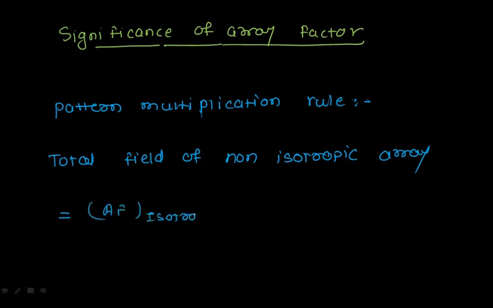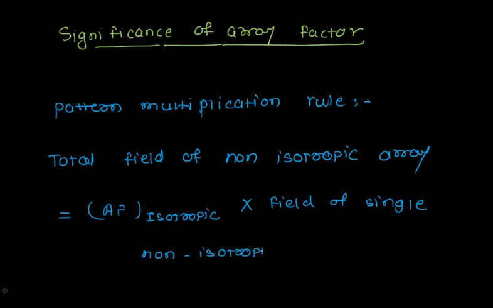So if I know the array factor of the isotropic array, I can multiply it with the field of a single non-isotropic element. I don't need to calculate the field of each and every element.